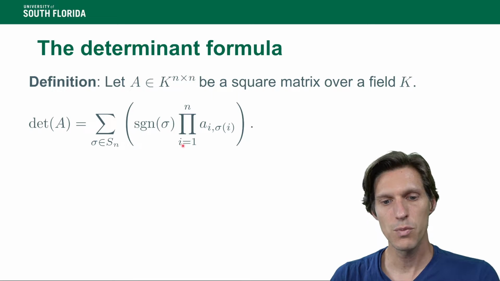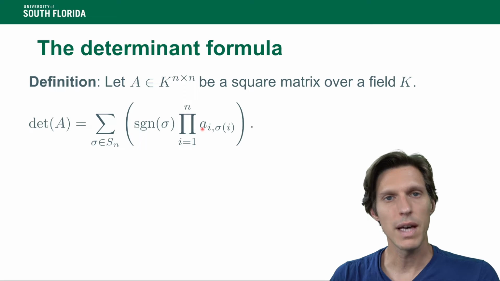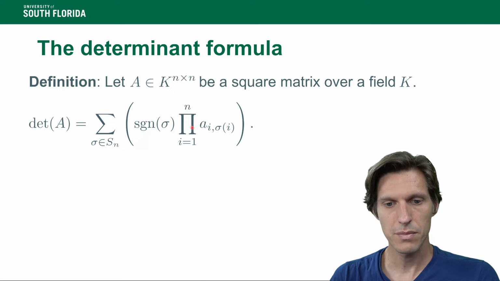And for each of those permutations, we take the product of all elements, of the form a sub i sigma of i. So that's going to be a product of n of the n square coefficients of the matrix. And we multiply that product by the signature of sigma, okay?